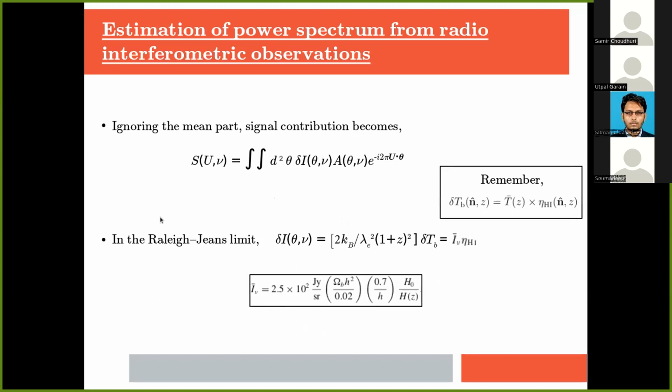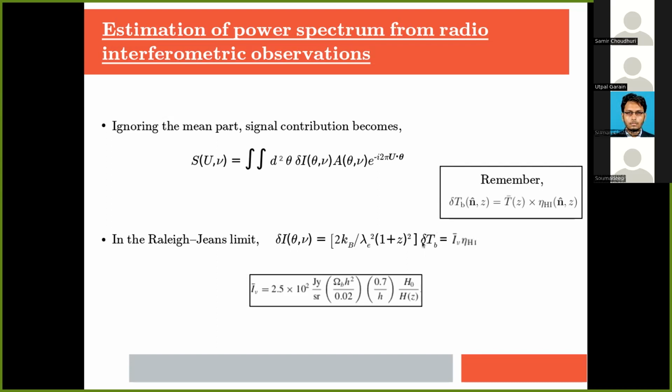Now, in the Rayleigh-Jeans limit, which is basically the low energy limit, we can write this specific intensity in terms of the brightness temperature fluctuations, where we have this 2 k_B by lambda naught square. So this 1 plus z comes because of the expansion of the universe. This is a constant term. So the specific intensity is basically proportional to the brightness temperature fluctuations.